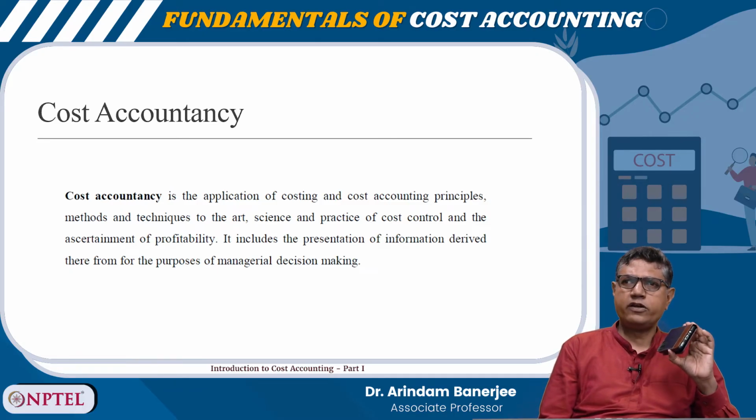and when I am recording the costs for this mobile, I may find that there are some costs which are not directly attributable. Like for example, in this company, 50 accountants work who maintain the cost records.